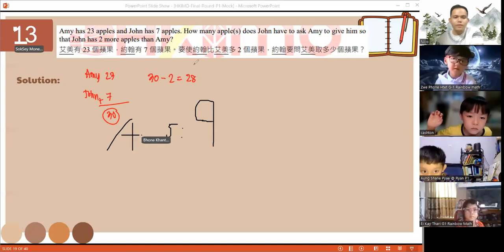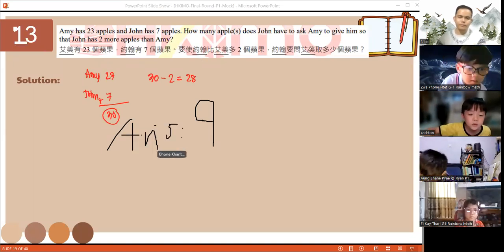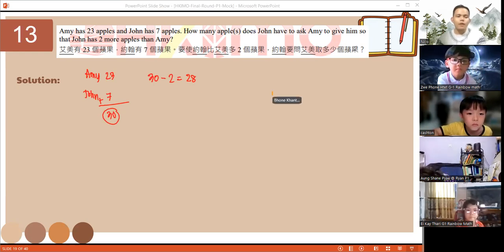Okay, Cashton, you raised your hand. The number of apples doesn't need to be the same. Correct. So Amy and John are not necessarily having the same number of apples.